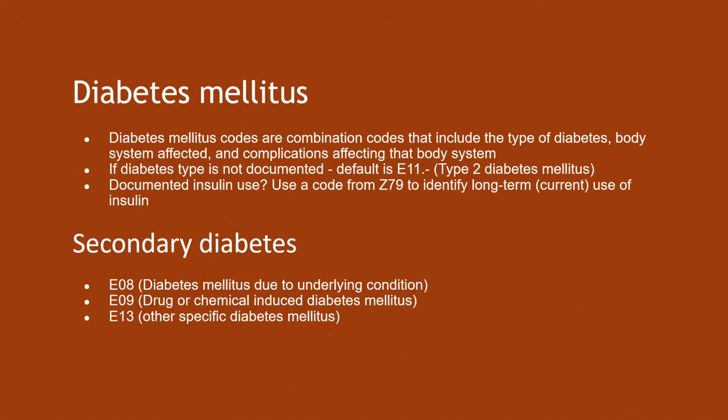Secondary diabetes is always caused by another condition or event. It is coded as follows: E08 for diabetes due to an underlying condition, E09 for drug or chemical-induced diabetes, and E13 for other specific diabetes.